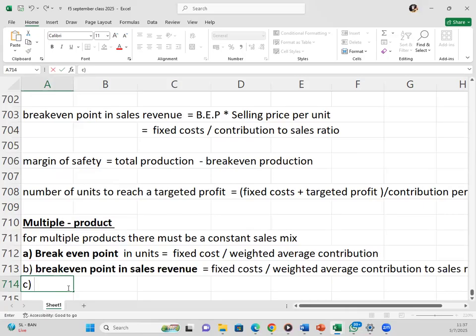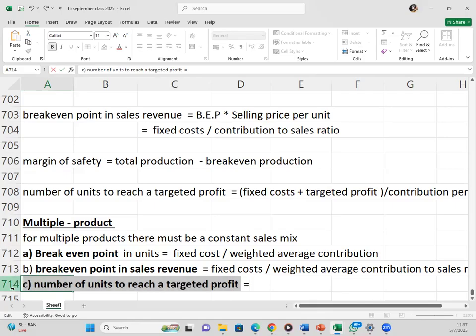Then for the number of units to reach a targeted profit in a multiple product environment, how do we work this one out?